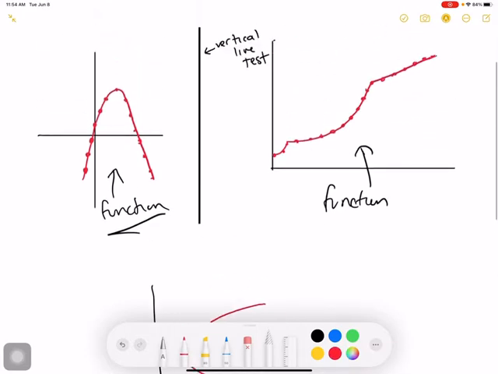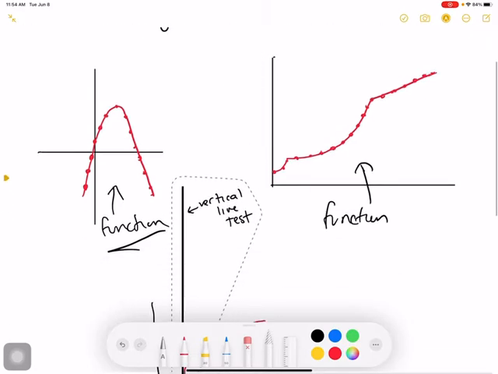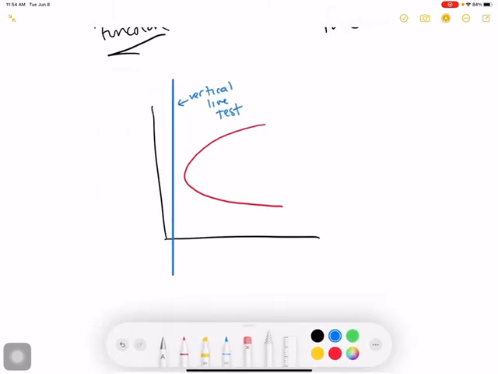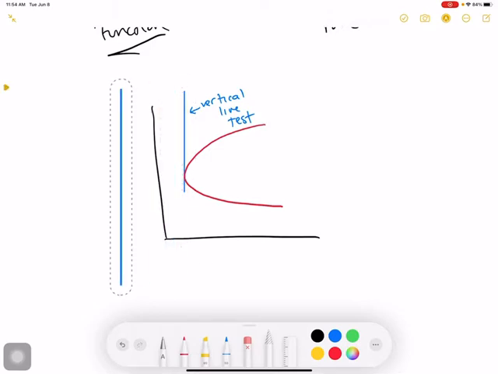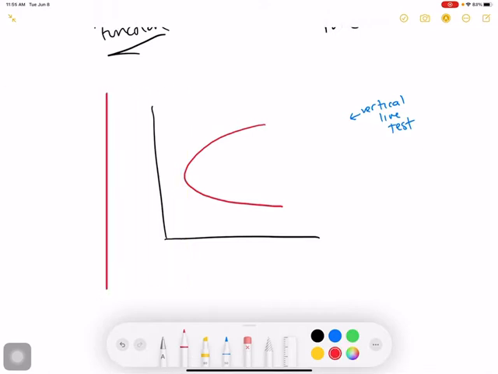I am going to do the vertical line test, so let me grab my line. As I go from left to right, this is the only point where the line is touching only one point, which is the first point over here on the parabola.